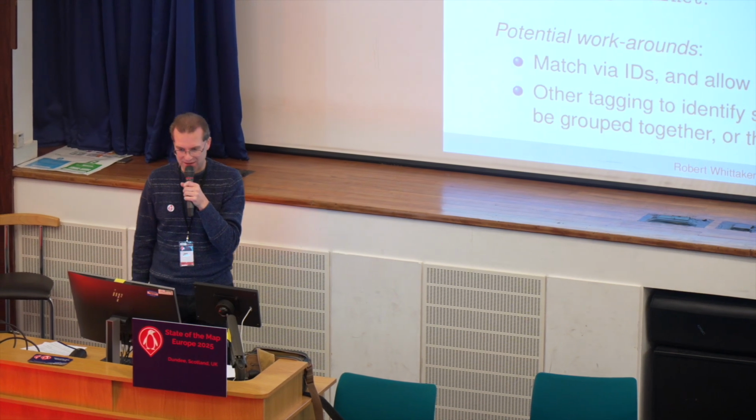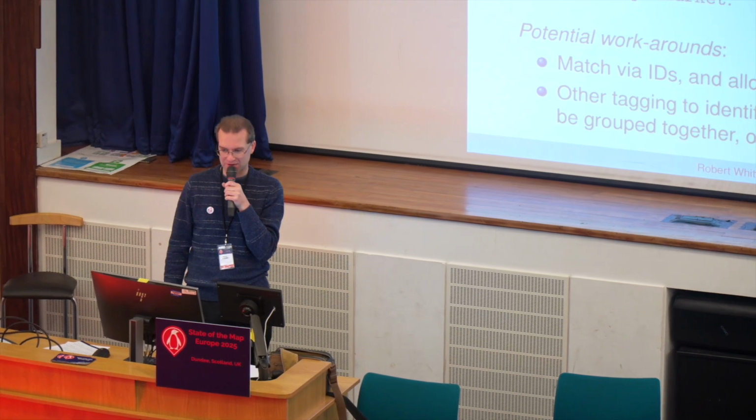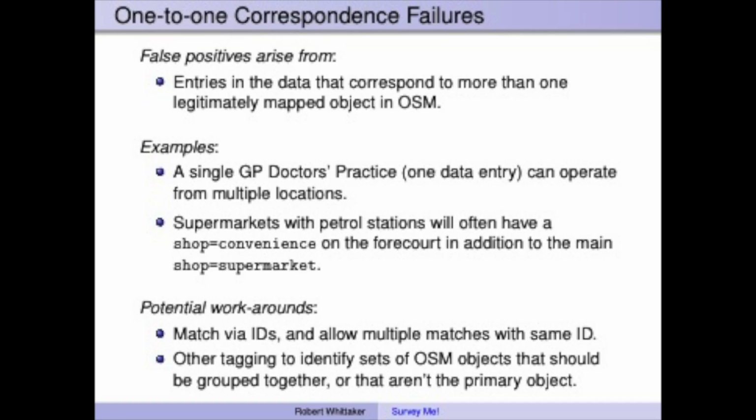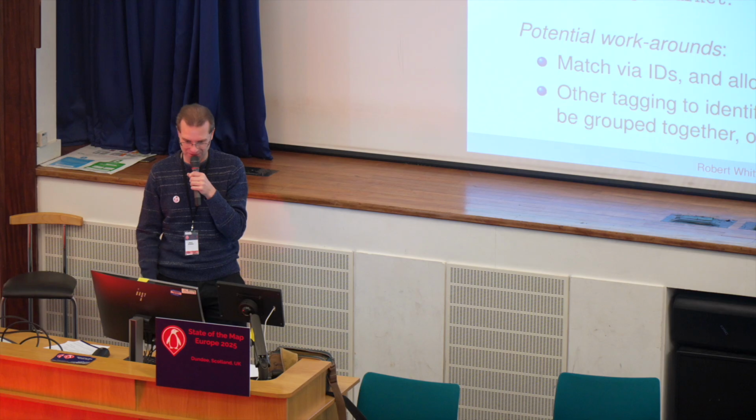Okay, and the third set of false positives: you can get some entries in the data that might correspond to more than one legitimately mapped object in OpenStreetMap. So for example, a single GP surgery or doctor's practice in the UK might operate from multiple locations, and we tag each one of those with amenity equals doctors or healthcare equals doctor, depending on your preference.